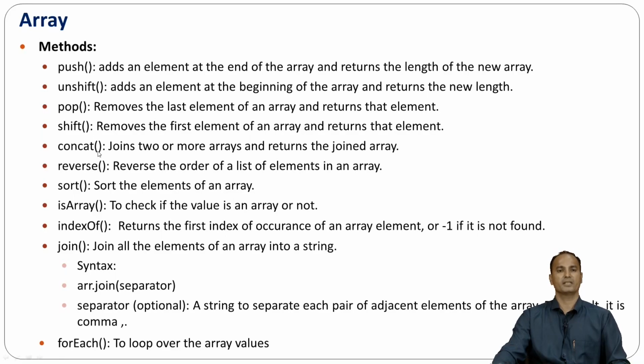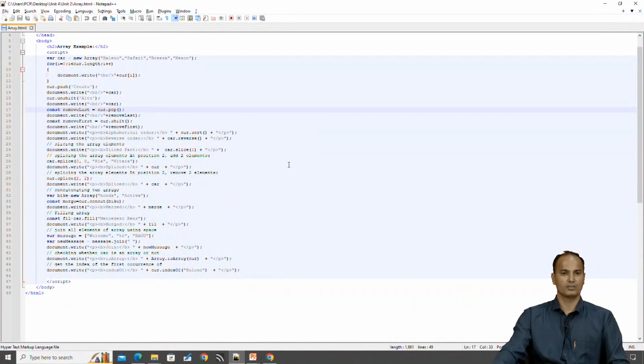Then after that the concat method is there, which joins 2 or more arrays and returns the joined array. So let's have a look at concat. We want to declare another array, and then after that we can use this concat method.